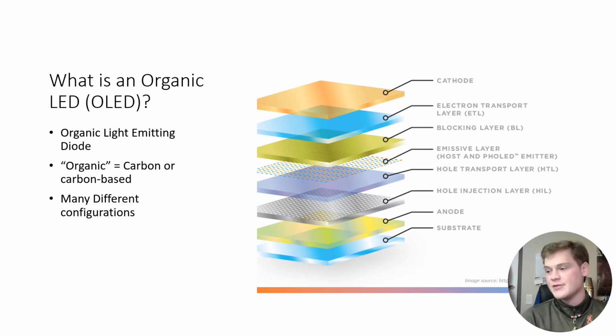Another interesting fact about organic LEDs is that they have many different configurations depending on what you actually want to use the LED for. Let's say you only need something basic like a general space light or a desk lamp, then you're probably not going to have as many layers. It's probably going to be one solid color.